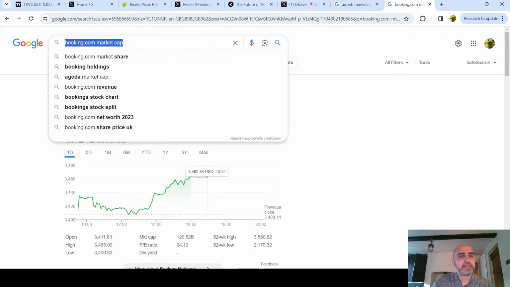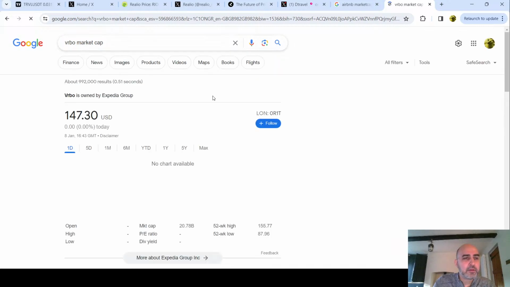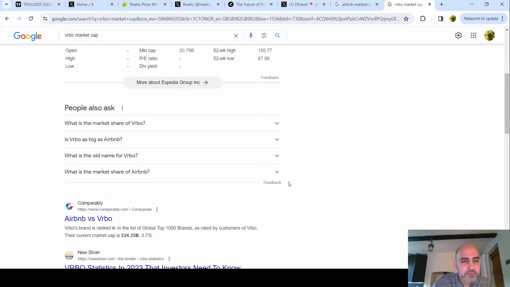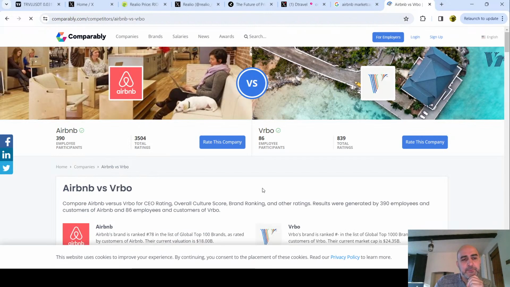Let me have a look at this. VRBO market cap. It's owned by Expedia. What is the market share? Oh, here, look. Comparably. Let's see what that says.